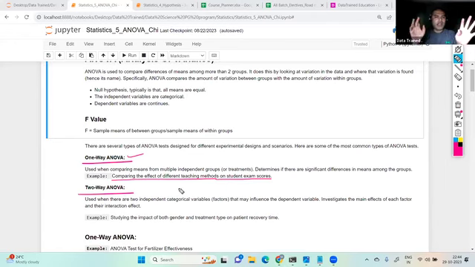So here, male and female, we will treat male and female for some disease, X disease, both having the same disease, and we'll try to check the recovery time. Who is going to recover faster? What is the recovery time for male and female? Two-way, right? So that is a two-way ANOVA.